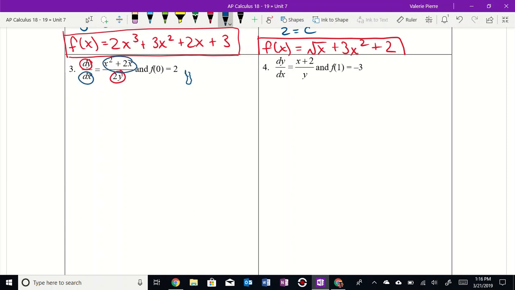So what we're going to do is move all the y's onto one side, all the x's onto another side, and go from there. To move 2y to the left, we have to multiply. So we have 2y dy equal to x squared plus 2x dx.